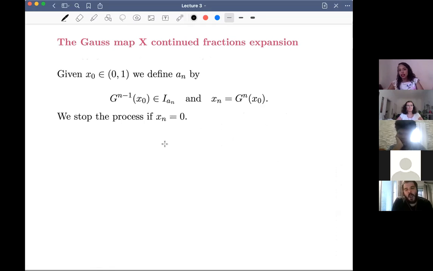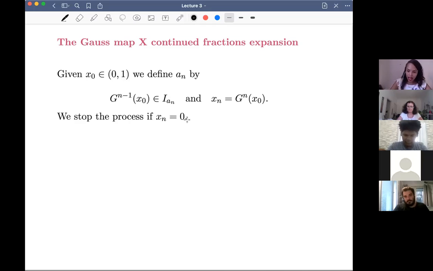Then we can use the Gauss map to model the problem of continued fraction expansions. So for each x0, we will define a_n in the following way. You consider a_n if G^(n-1) of x0 belongs to the interval I_{a_n}.